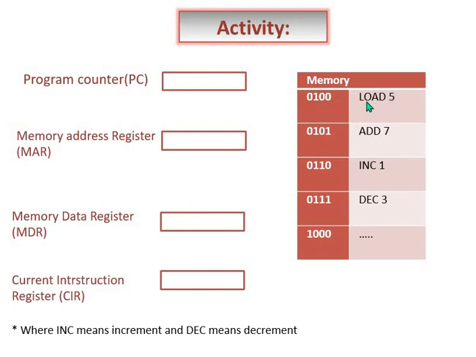Starting from the first location, start filling in the program counter until you reach this decrement 3. Increment means increment the value by 1, and decrement means decrement by 3, like minus 3 from any value that is in the accumulator.